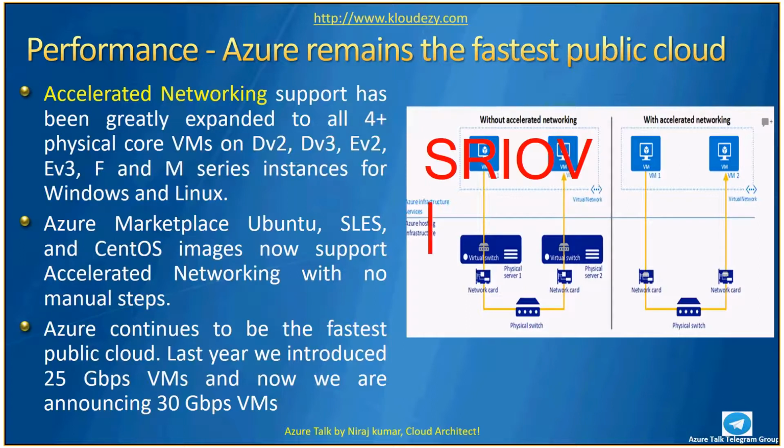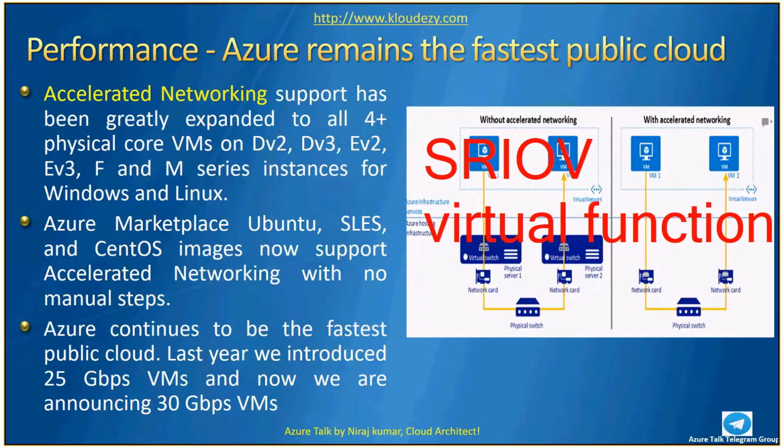The virtual function is nothing but the features which are there in the virtual switch. Now that feature will be added onto the physical NIC itself. That way the traffic is stabilized to go without any hop or multiple passes. Yep.